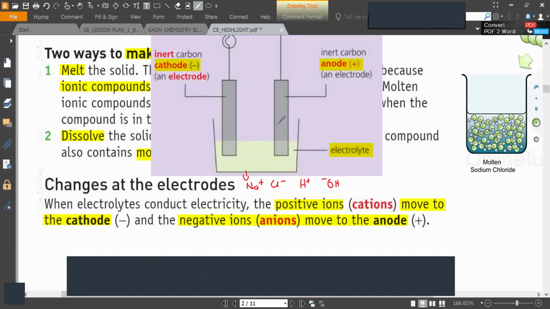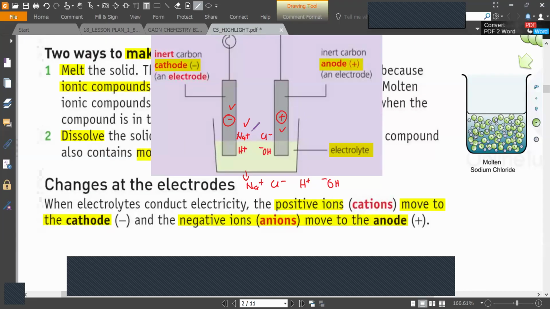This is the positive terminal, and this is the negative terminal. The positive ions will be attracted to the negative terminal, and the negative ions will be attracted to the positive terminal. That is the concept.